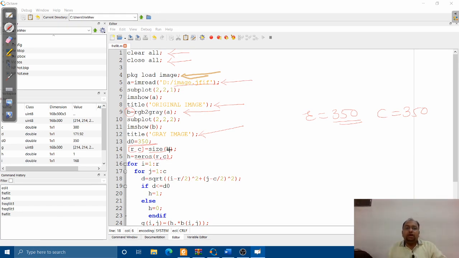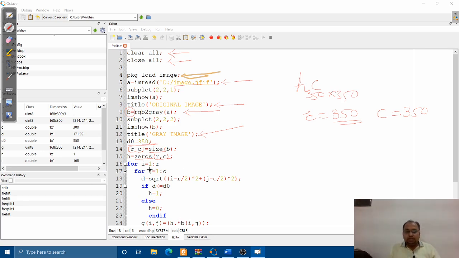Now we are going to create another variable, the filter mask. So the filter mask we are going to create over here for the ideal low pass filter. The size of that ideal low pass filter mask is h of, let us say, 350 by 350. Then only can we have the multiplication of these two values and perform the operation.